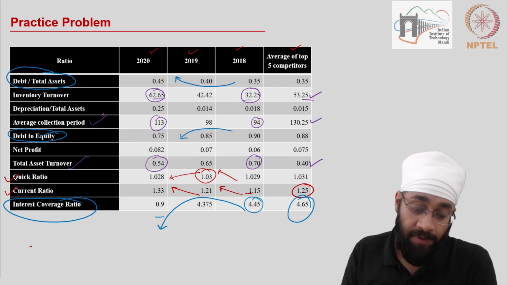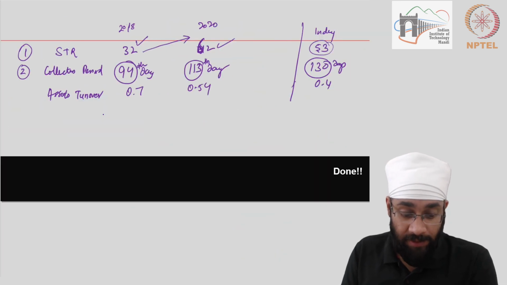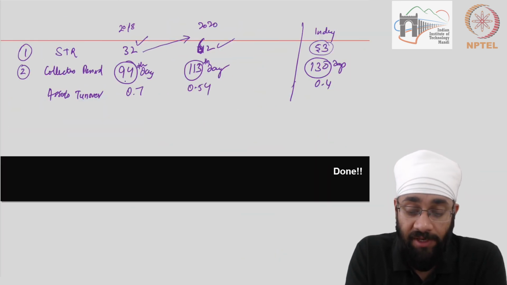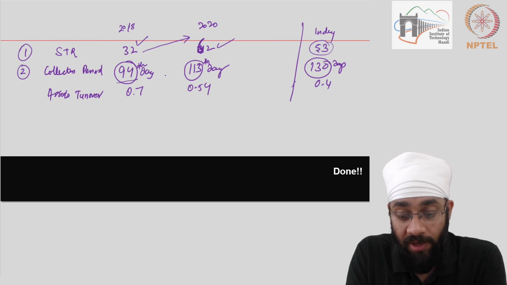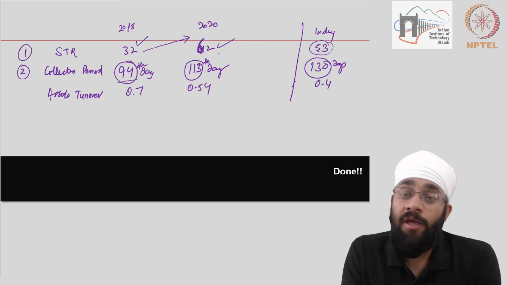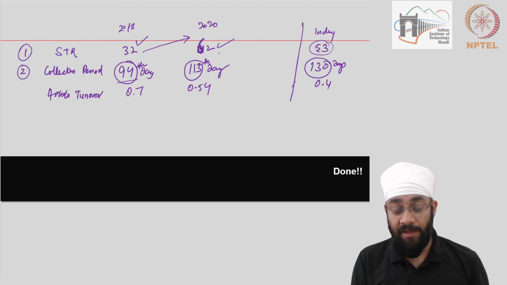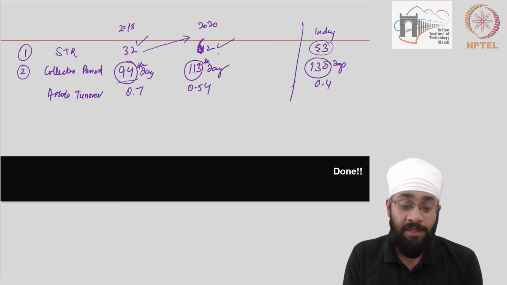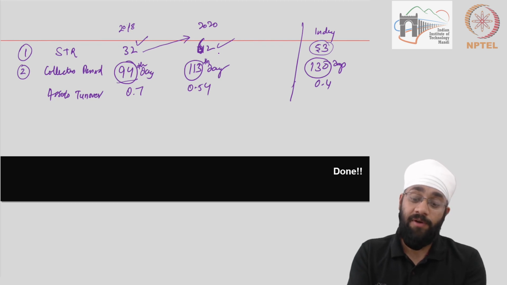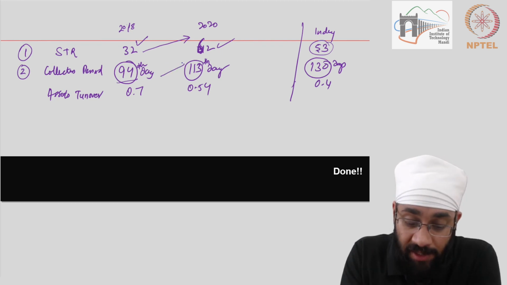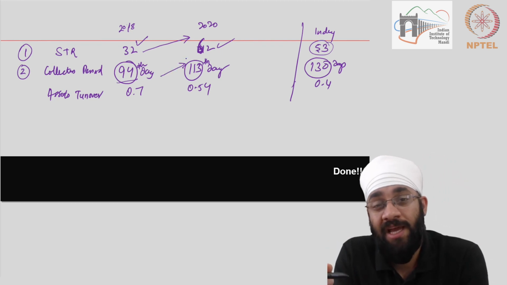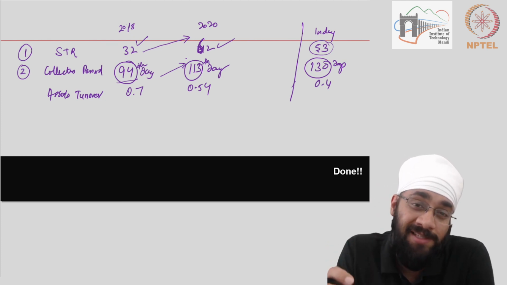Average collection period. Period is in days. So on average, every 94th day to now 113th day, if we are able to collect, we are increasing the number of days of credit given to the customers. So we have increased this, which means our credit policy has expanded, has improved.